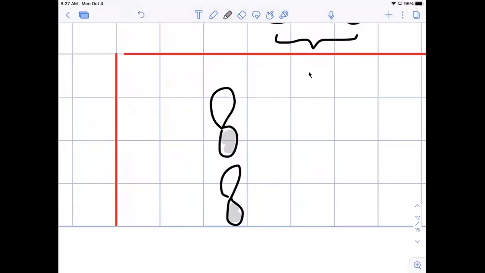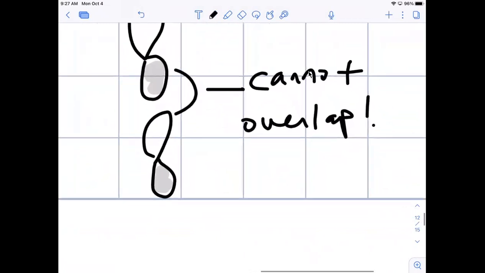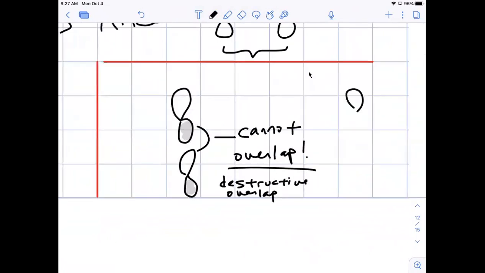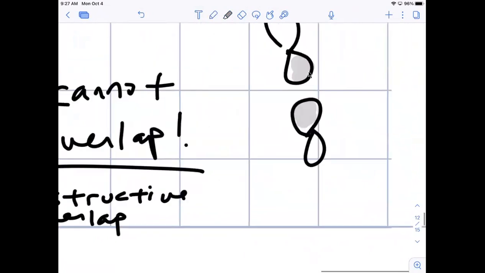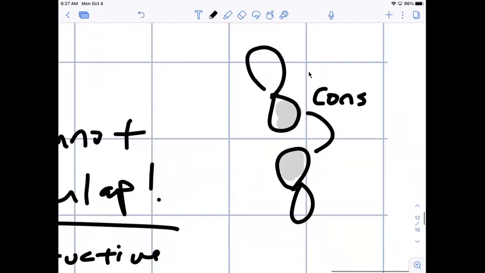When they overlap, they're going to cancel each other out. This is what you call destructive overlap. And then if you have orbitals that have the proper sign, like this is shaded and that's shaded, then that's good. This is constructive.